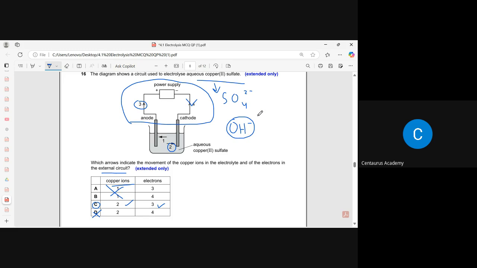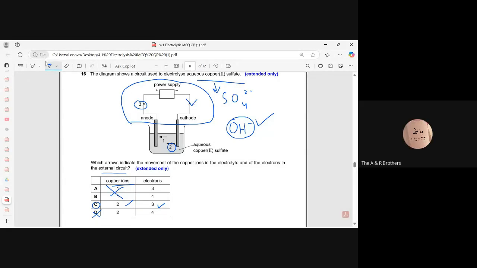So it has the greatest tendency to be deposited onto the anode compared to any of the anions present within the electrolyte, be it sulfate, nitrate, or any other halide ions. So hydroxide ions will always be discharged since they have the greatest ease of discharge onto the anode.